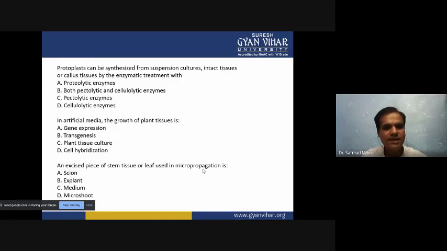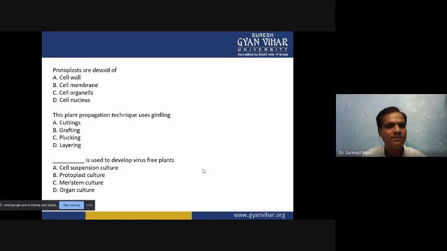And next question, an excised piece of stem tissue or leaf used in micropropagation is: option A, scion; option B, explant; option C, medium; option D, microshoot. You have to select any one correct answer. Next question, protoplasts are devoid of: option A, cell wall; option B, cell membrane; option C, cell organelles; option D, cell nucleus.